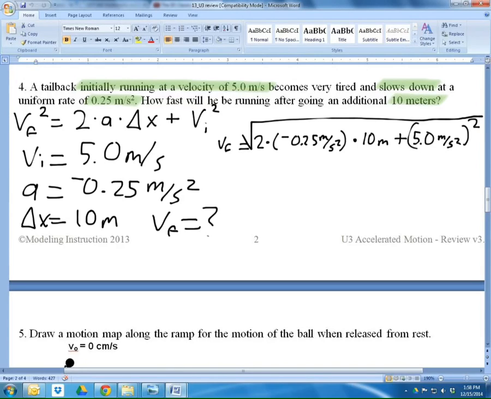So what I'm going to do is plug that into my calculator. And when I plug it into the calculator, I get, or at least you should get, around 4.47. And if I cancel out all the units, what you'll end up having is meters per second. Okay? And don't forget the units. So that's my answer. All right?